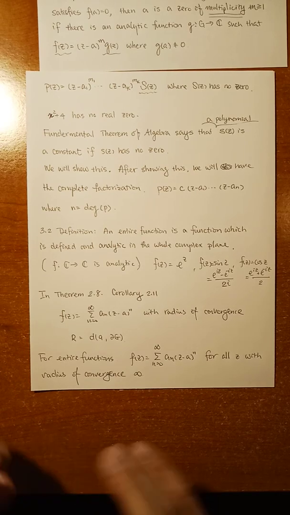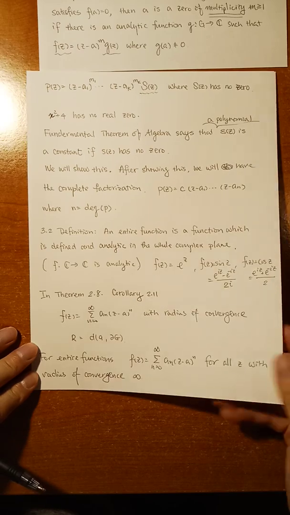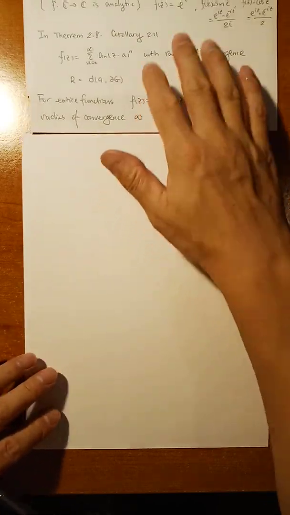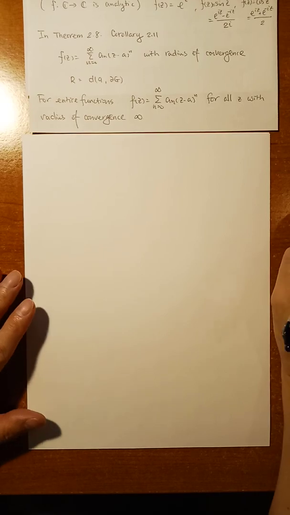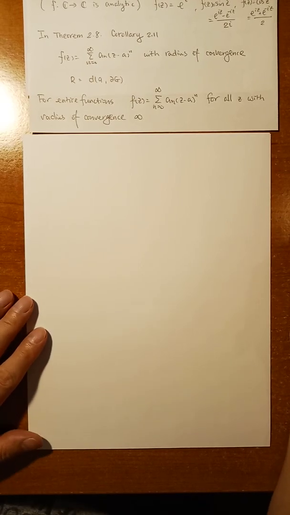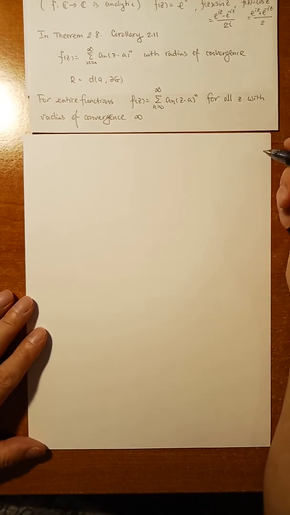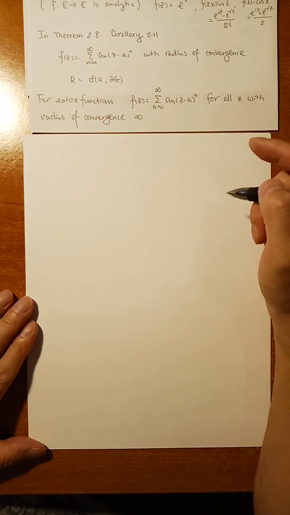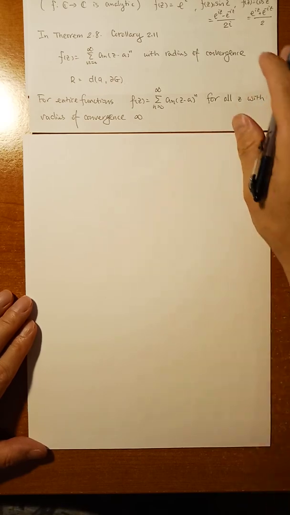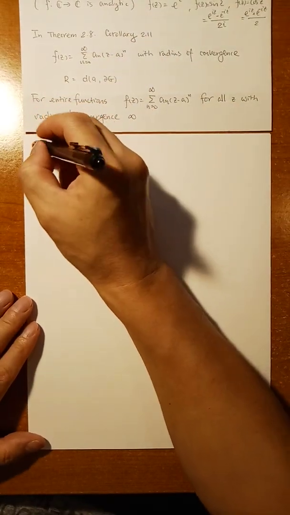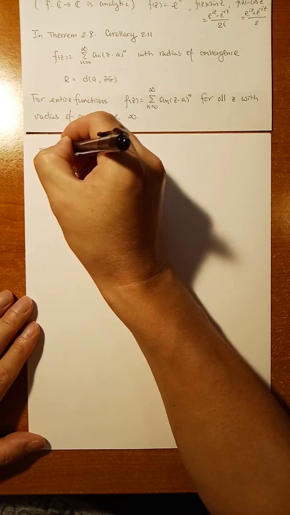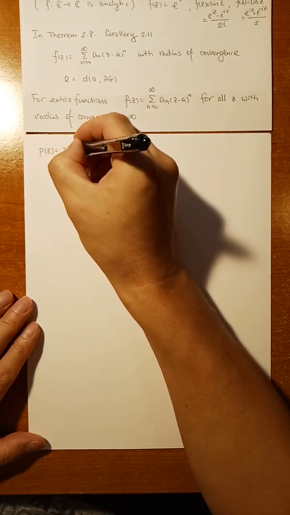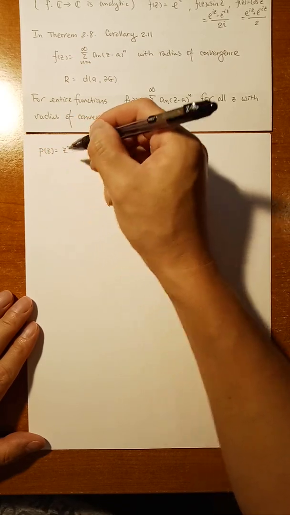Okay, so it's always an infinite degree polynomial, but it's not different from a polynomial. It shares similar properties with polynomials. Let's say a polynomial, for example, if it has a coefficient, you just divide by the coefficient.